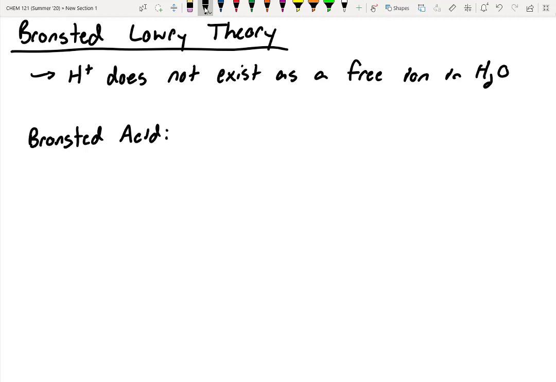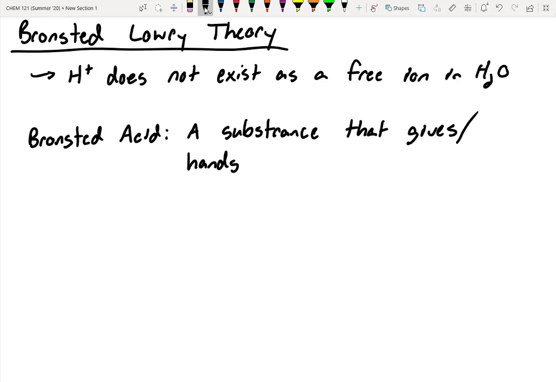So in this case, a Bronsted acid is going to be a substance that gives or hands off a proton.